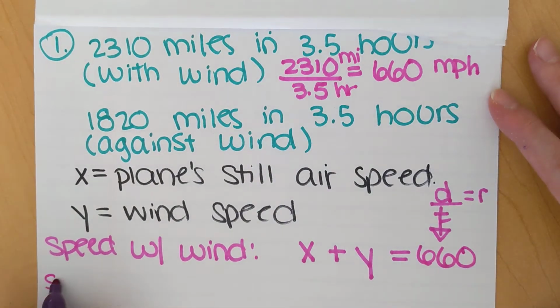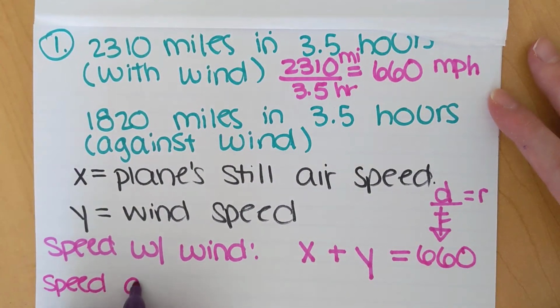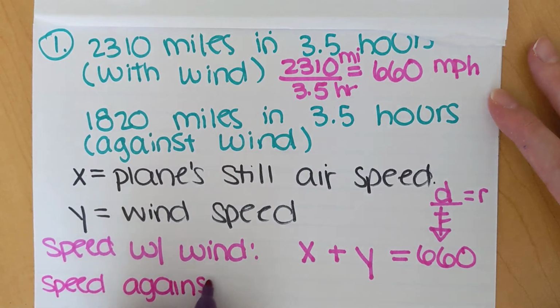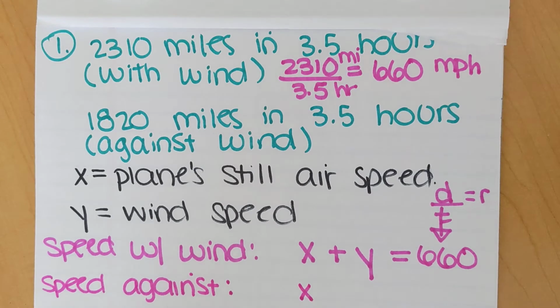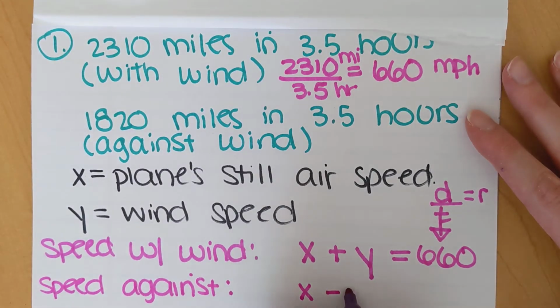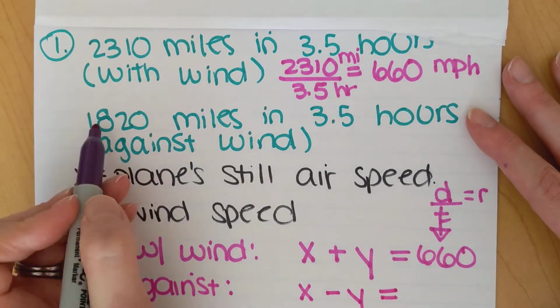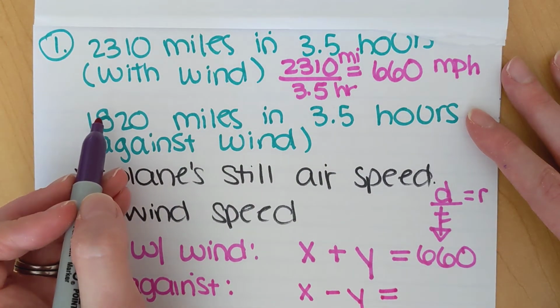Now, to get your speed against the wind, in that case, you're going to have the plane's airspeed, so that engine speed that's being put into the plane, but then now the wind is going to be hurting that speed. So we need to subtract away the wind speed. And then that's going to equal what we know the speed to be based off of this given information.